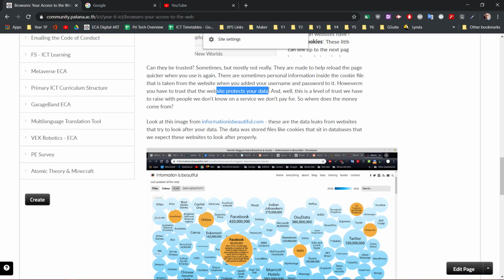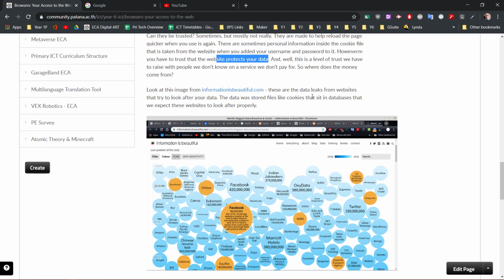When we put our username and password into this website, are they doing the right thing with our data? If they are collecting this data, what are they doing with it, and are they keeping it safe? We have to have this level of trust, and we have to raise this trust with someone and some service we don't pay for with people that we don't know. So where does this money come from?